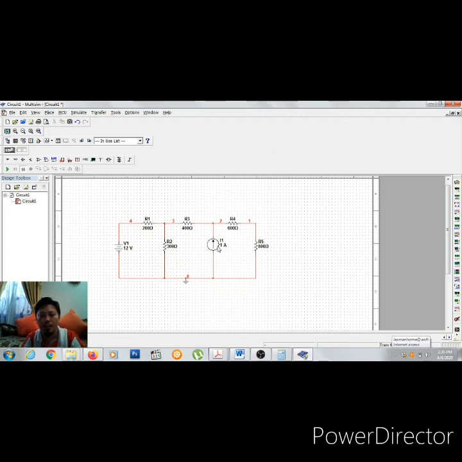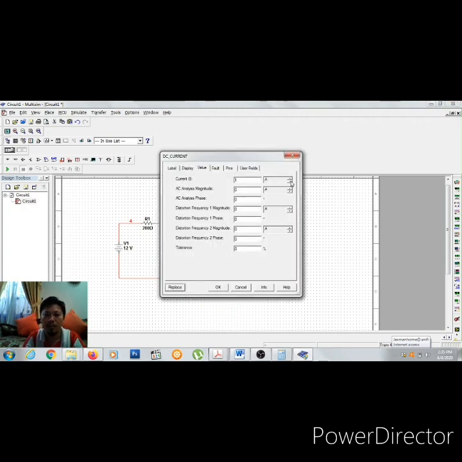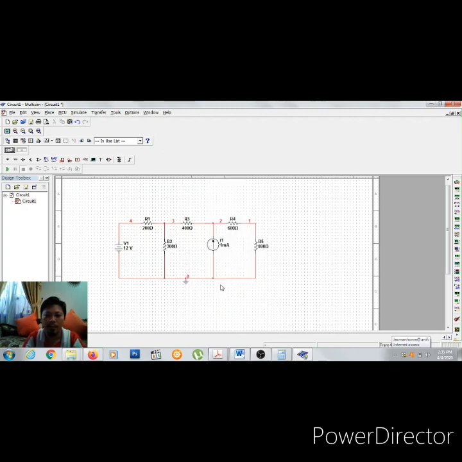Okay, as for the current source, we change it to 1 milliampere. Okay, I1 and B1 12 volt. Okay, so this is our circuit that we want to simplify using nodal analysis, mesh analysis, and also superposition method. Okay, so using all different method, we should get the same answer.